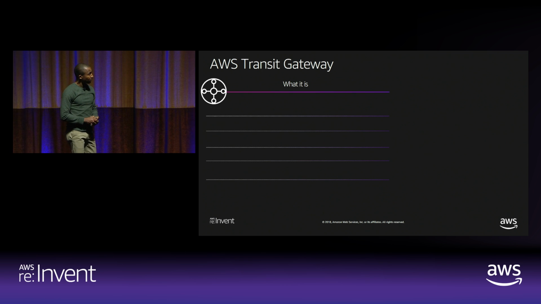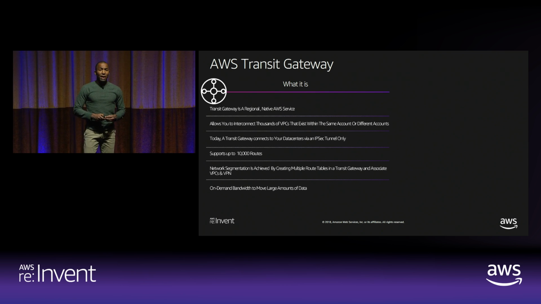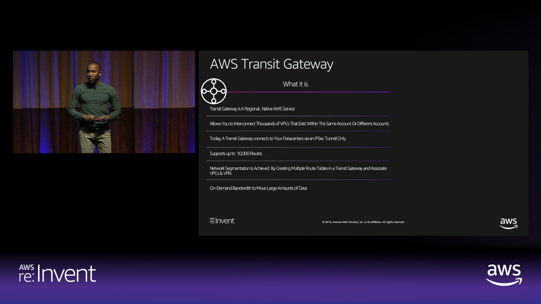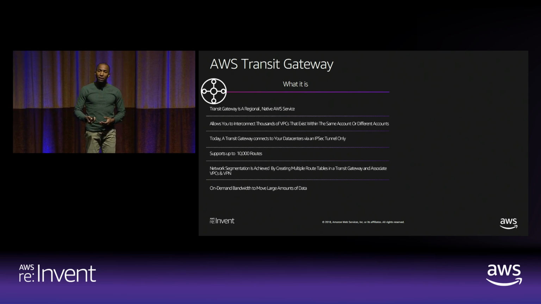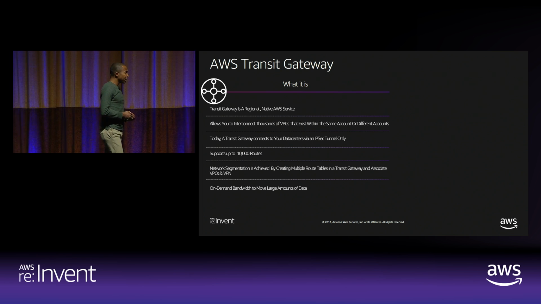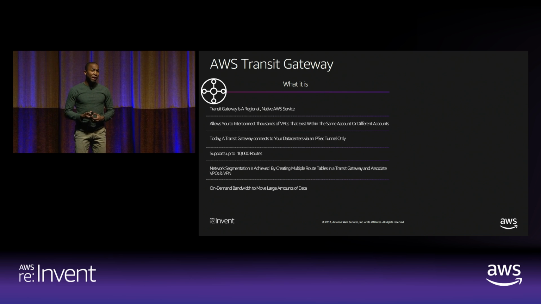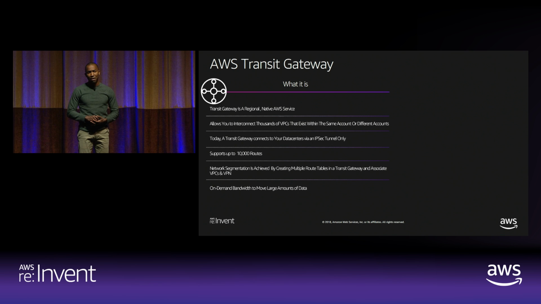So what is it? It's important to know that a Transit Gateway is a regional service, which means you define a Transit Gateway per region, and you have the ability to attach VPCs that exist within that region to this Transit Gateway. This Transit Gateway has its own route tables, and the route tables themselves do not have the limitation that your VPC route tables have.